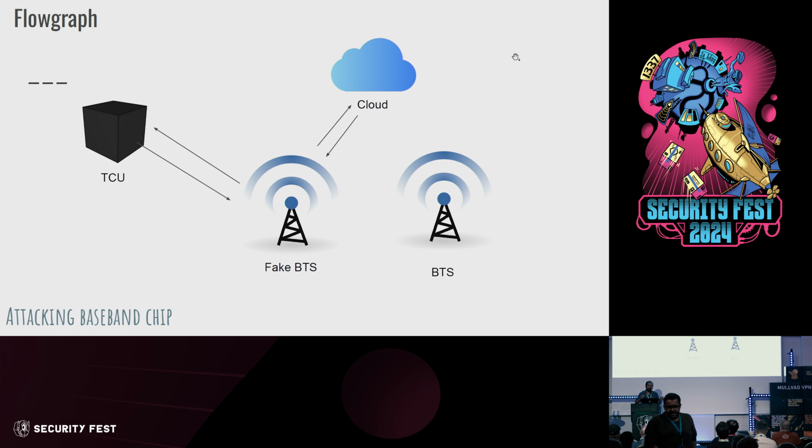It is sending the data to the cloud server and receiving it back and forth, all of it over the internet. Now, what we do is create a fake BTS. We create our own cell phone network and try to exploit the telematics control unit in this approach.